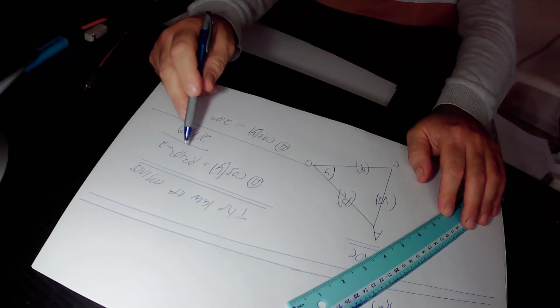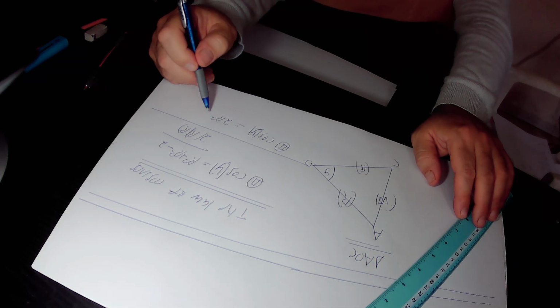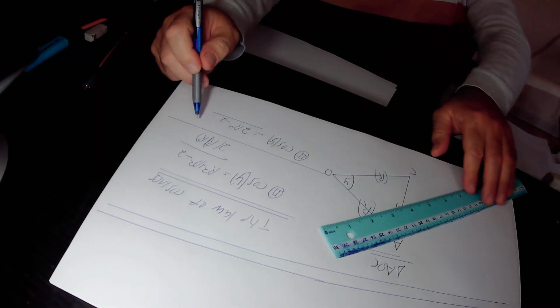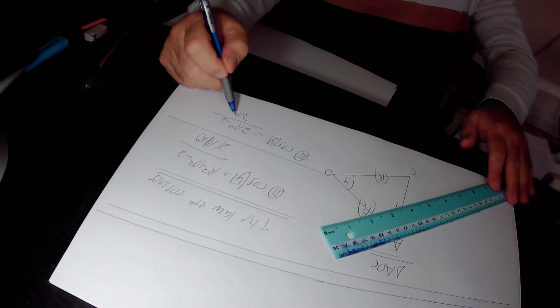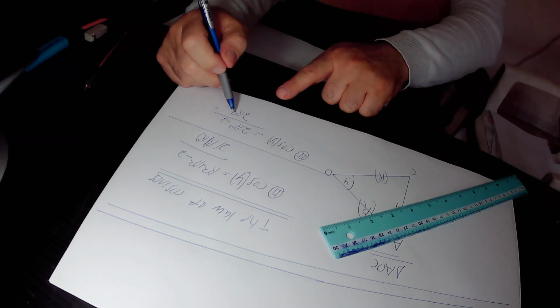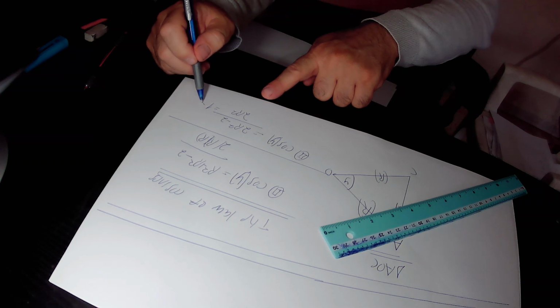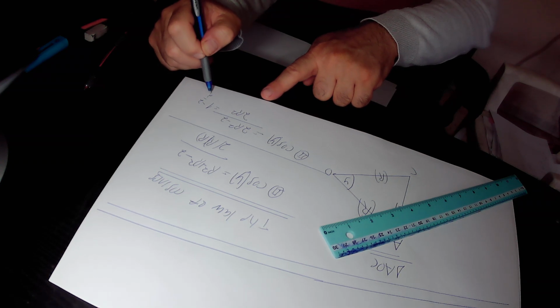So in the numerator we have 2R squared minus 2, divided by 2 times R times R, which is 2R squared. 2R squared over 2R squared is 1, and we have also here minus 2 over 2R squared.